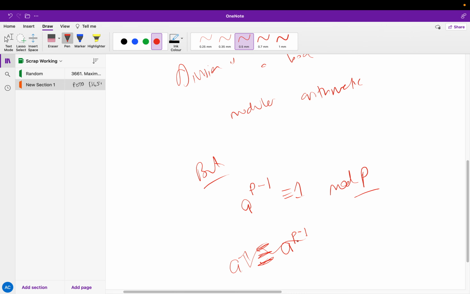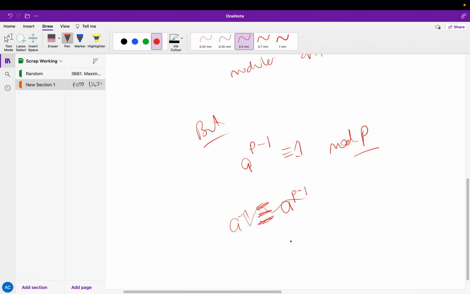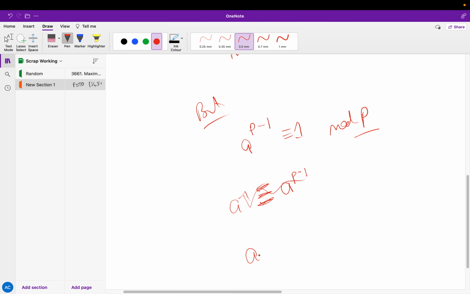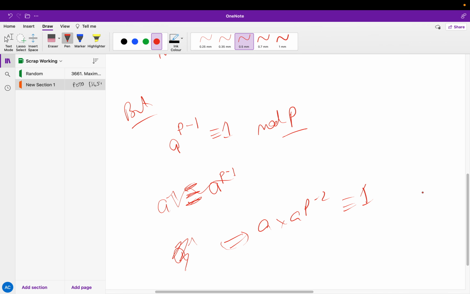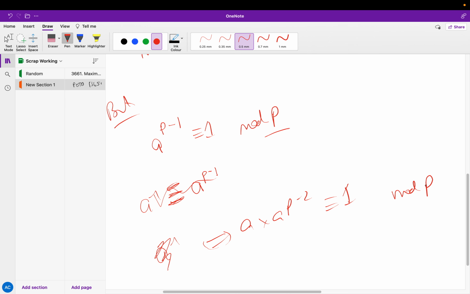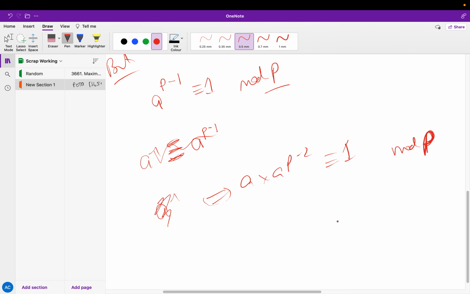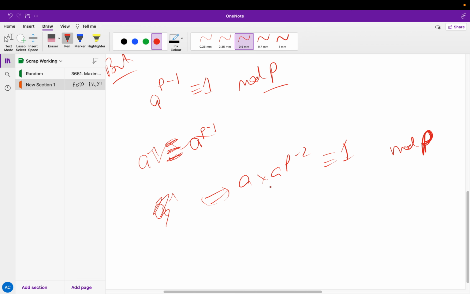The inverse of a, this is the same thing as saying a times a to the p minus 2 is congruent to 1 mod p. So when you multiply this guy by this guy, you get 1 in the world of mod p.